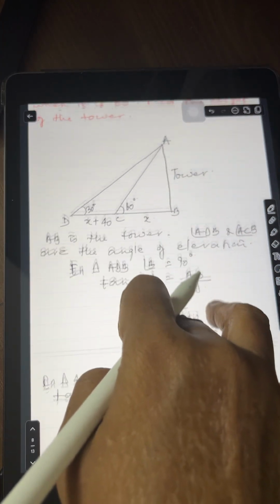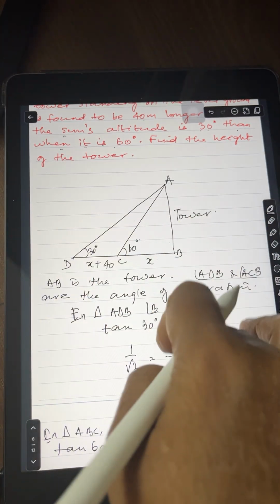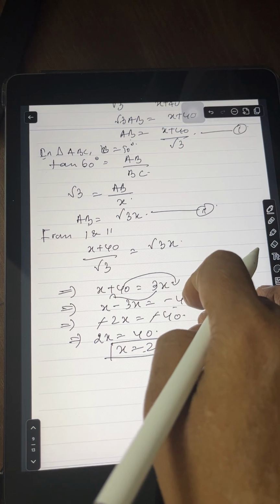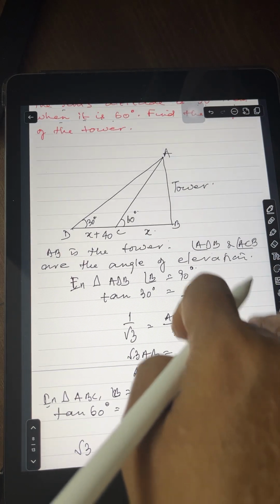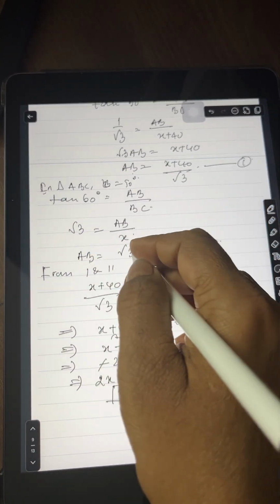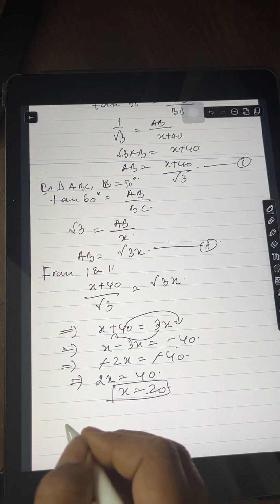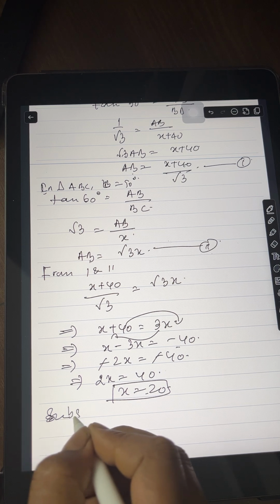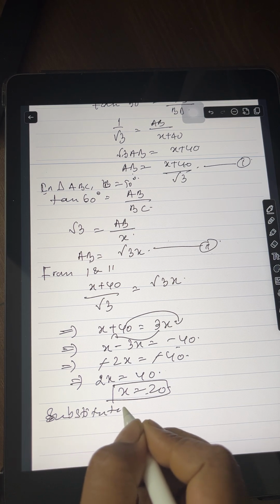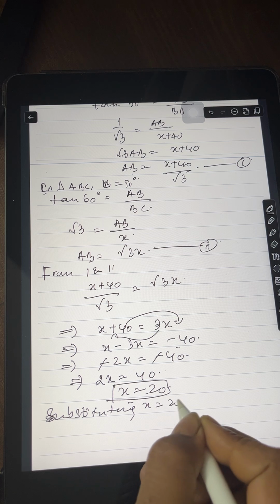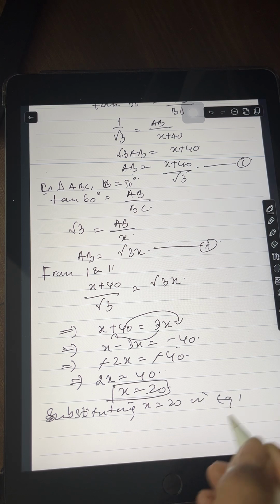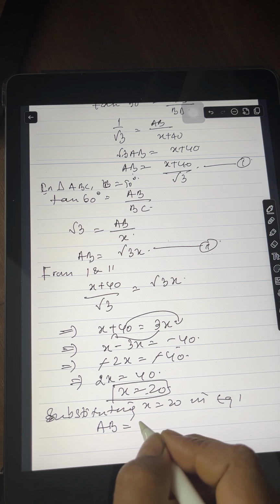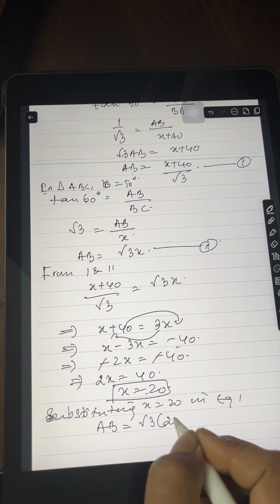So what is the question? He is asking, find the height of the tower. So you will have to find AB now. You see, AB is root 3x. Substituting x is equal to 20 in equation 1, AB is equal to root 3 into 20.